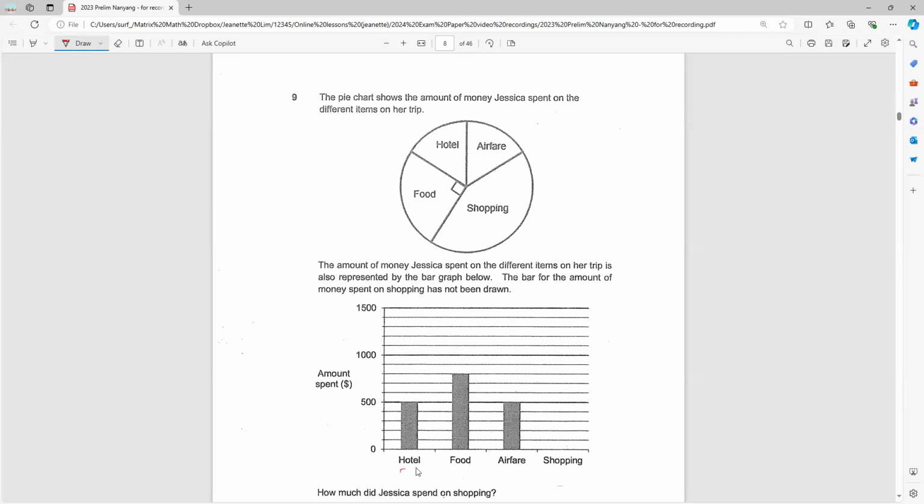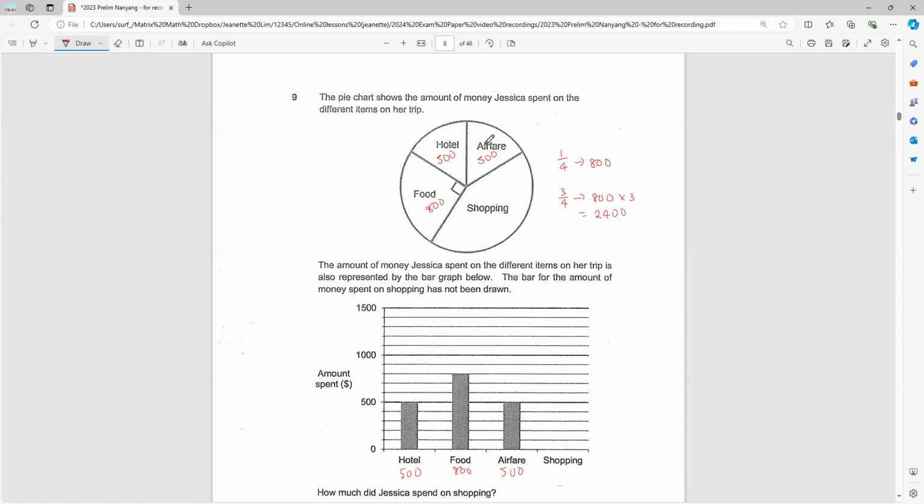This is 500. This is 800. This is 500. Okay, so 800, 500, 500. So if 1/4 is 800, then we find 3/4, like the rest of it. $800 times 3, so 2,400.